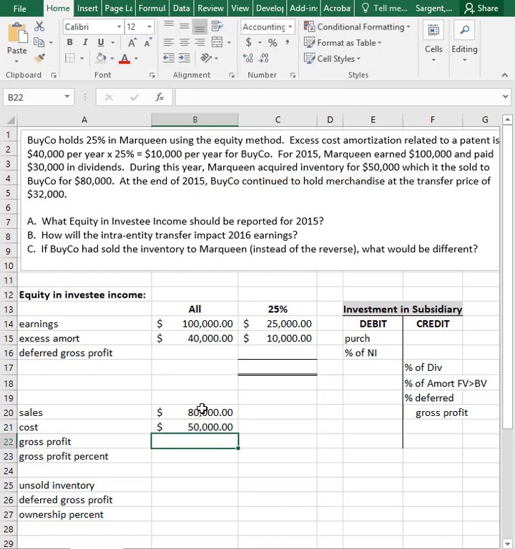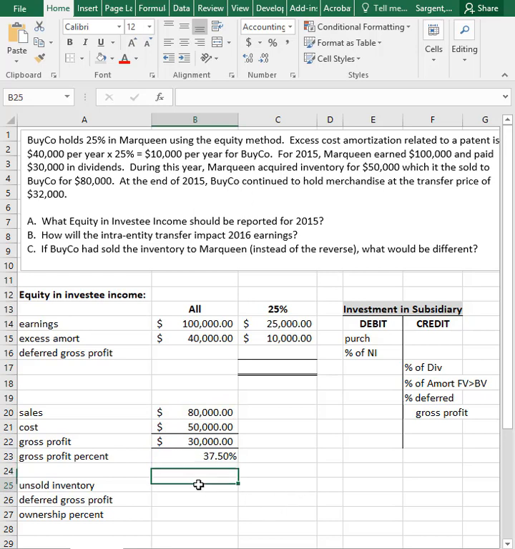So then the gross profit on those sales would have been the difference, sales minus cost of goods sold. And what percent is that? So you take the $30,000 and divide it by sales, and you get 37.5%.